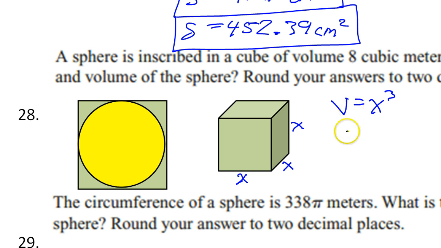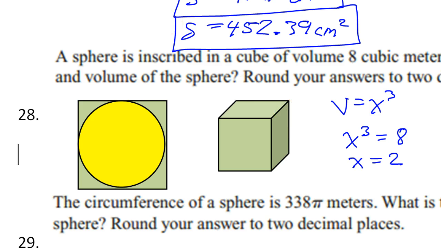So I know that x to the 3rd power, they gave me the volume, so that has to be 8. So what cube is going to give me 8? 2. All right, so the sides of this cube must be length 2. So this cube must be 2 by 2 by 2, length, width, height.